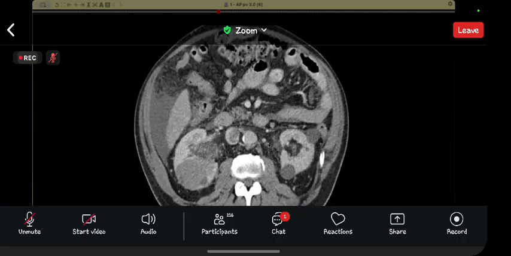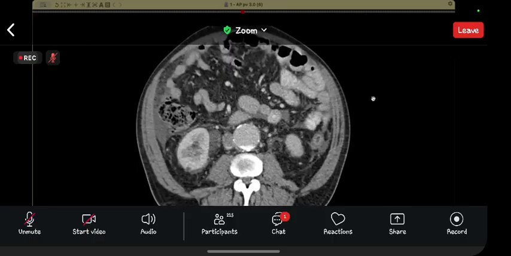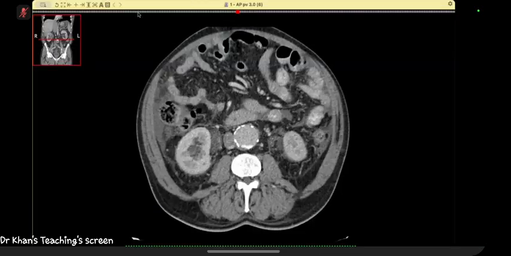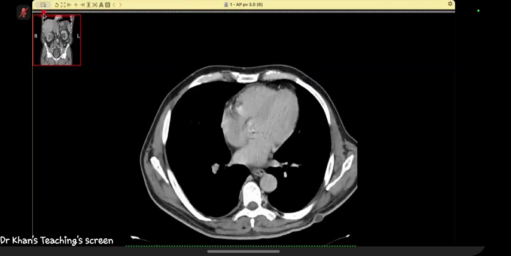Over to you. So, this is a 77-year-old female, known congestive cardiac failure, and the patient is losing weight, and they have asked for this CT. Sir.